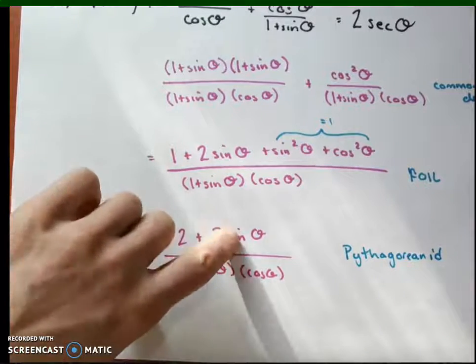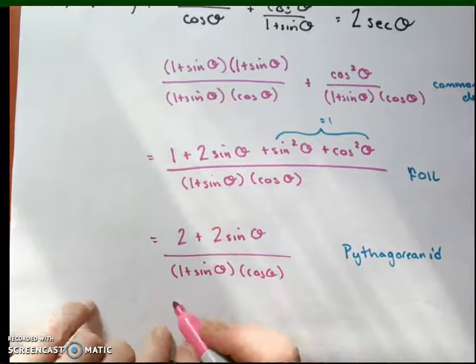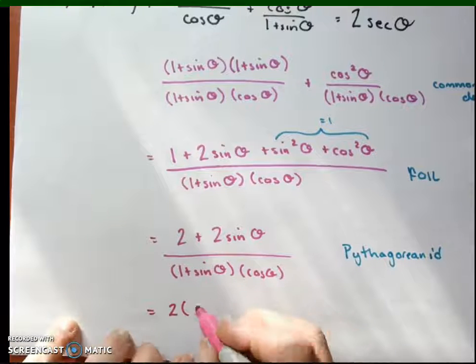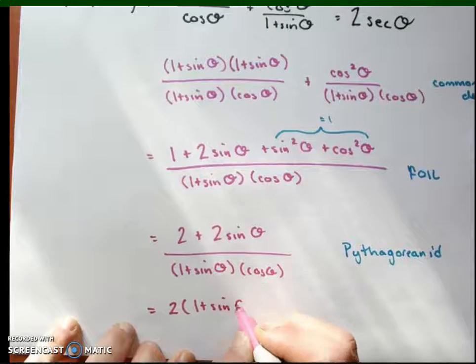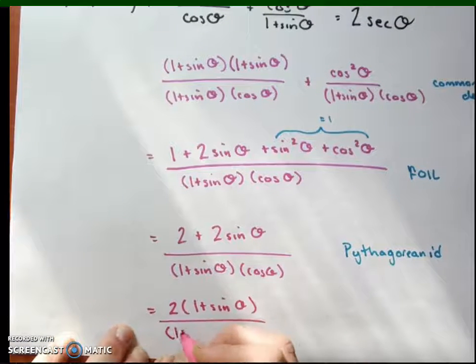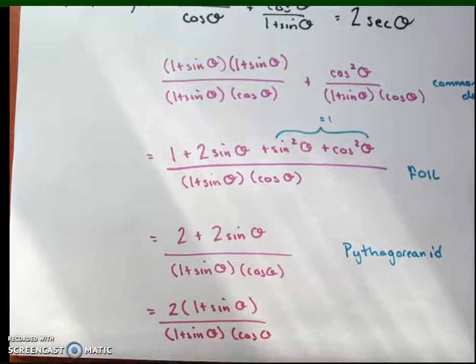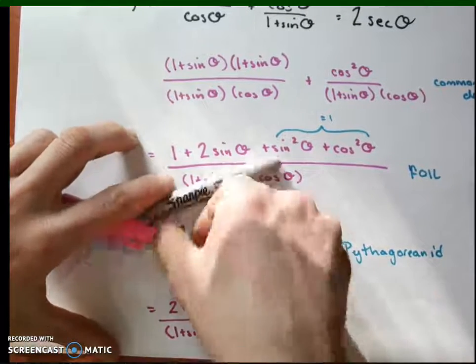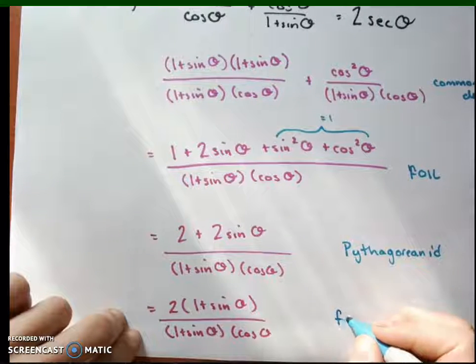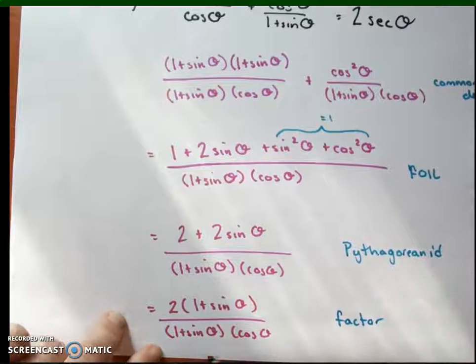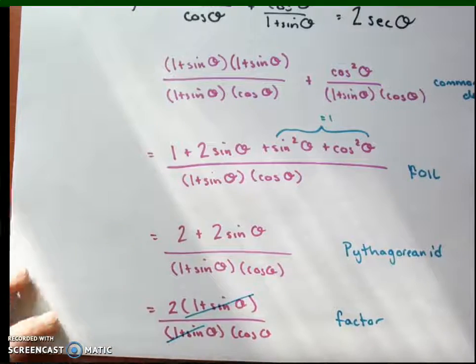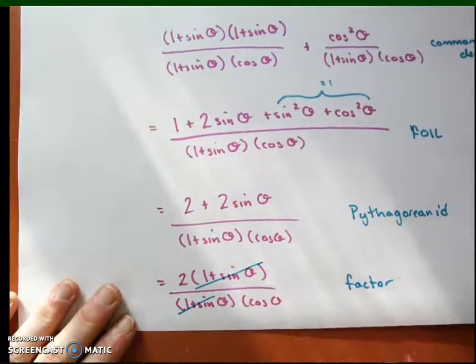Now notice I have a 2 in both of these terms, but I don't have a 2 down here. So let's factor that out. So this is by factoring. Then I have a 1 plus sine theta on top and bottom. So let's see, where do I have space for this?